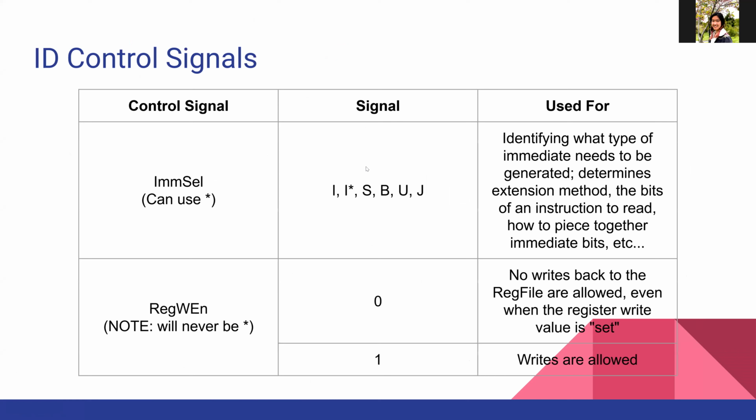Cool. So in the instruction decode section, we have these control signals. I star specifically refers to specific instructions, for example shift left arithmetic immediate. Then we have the store instruction type, branch, upper immediate, and jump.